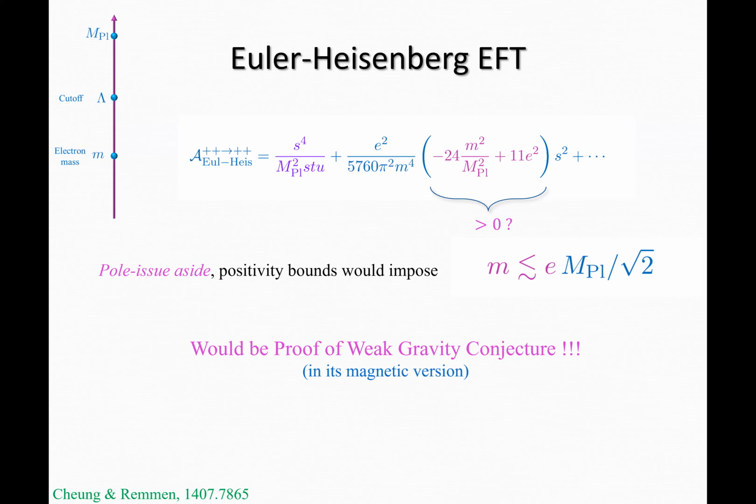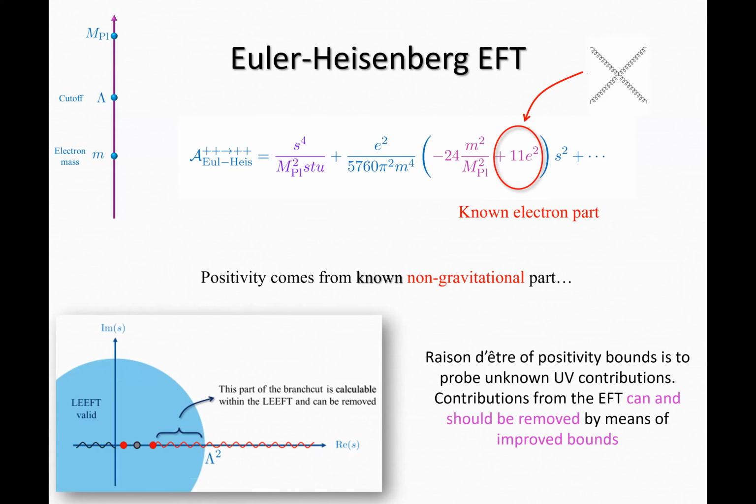However, one thing that we know in this low energy effective field theory is that this contribution here is actually coming from loops of the electrons. And so if I don't work in my very low energy effective field theory, but I'm working in my QED minimally coupled to gravity, where I bring back the electron in the game, I know exactly how it contributes.